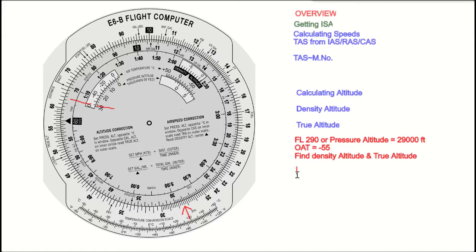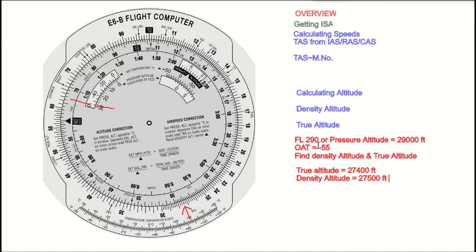So the true altitude is equal to 27,400 feet. That's pretty simple. And density altitude is equal to, we found out, 27,500 feet.